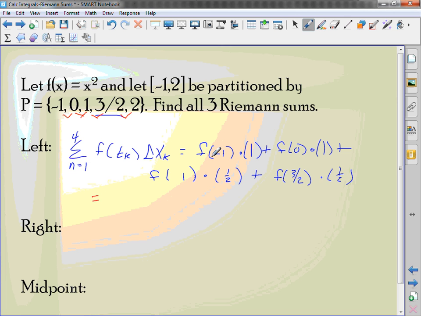f of negative 1. So I'm going to find out what f of negative 1 is. Negative 1 squared times 1 plus 0 squared times 1 plus 1 squared times 1 half plus 3 halves squared times 1 half.